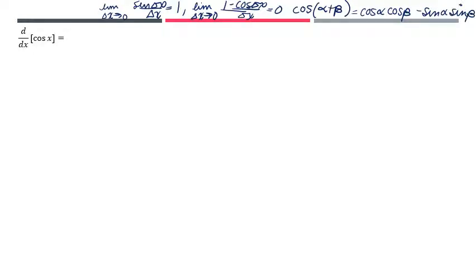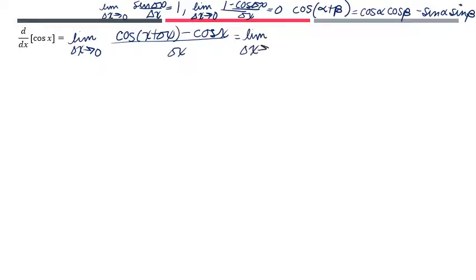All right, now that I have those up top so I can look at them, I'm going to use my limit definition. And then I'm going to expand accordingly using the angle sum identity.